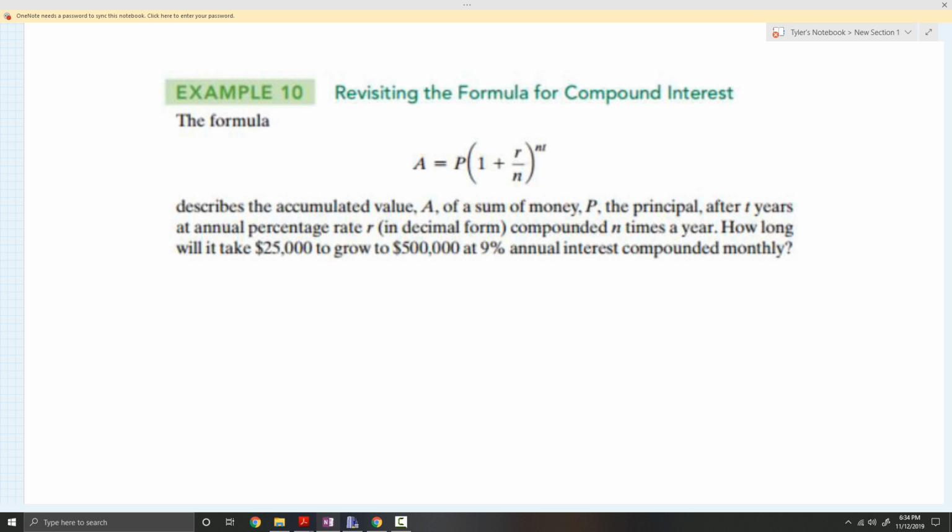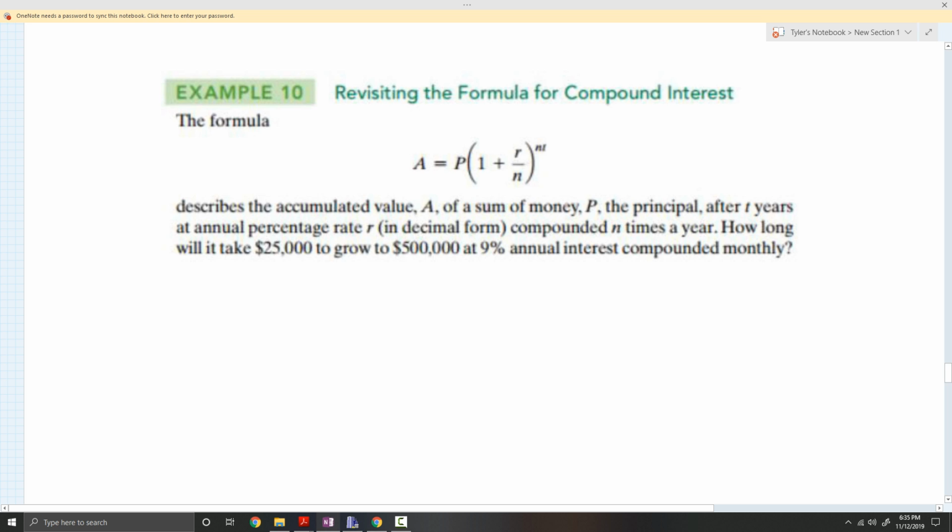We want to throw 25 grand in there, and I want to know how long it will be till I have $500,000. This is maybe a classic example, like a retirement fund, because everyone wants to be a millionaire at some point, and everyone will as long as you're responsible and have a retirement plan. You'll have at least $1 million saved up in your retirement fund.